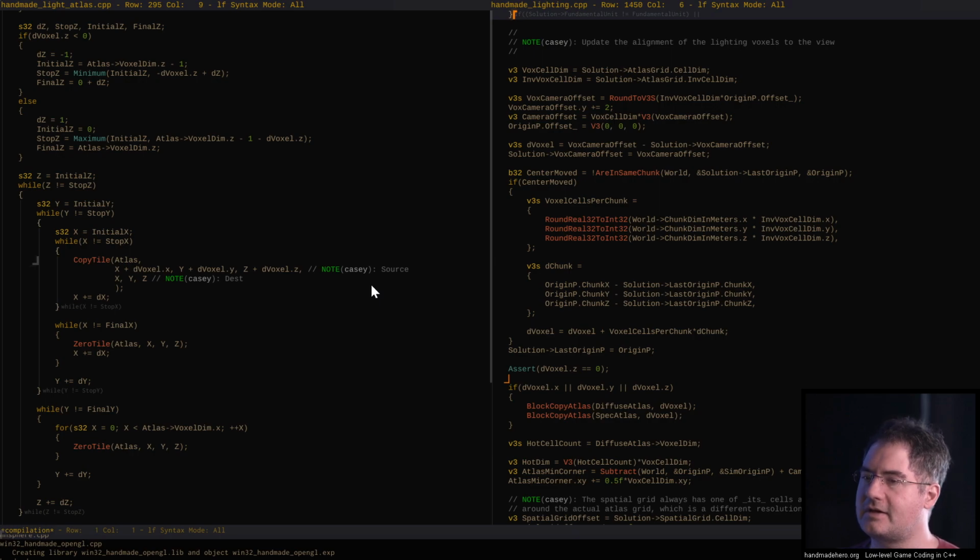So every time the origin moves by some number of chunks, we assume that the number of chunks is aligned with our voxel cell dimension evenly.